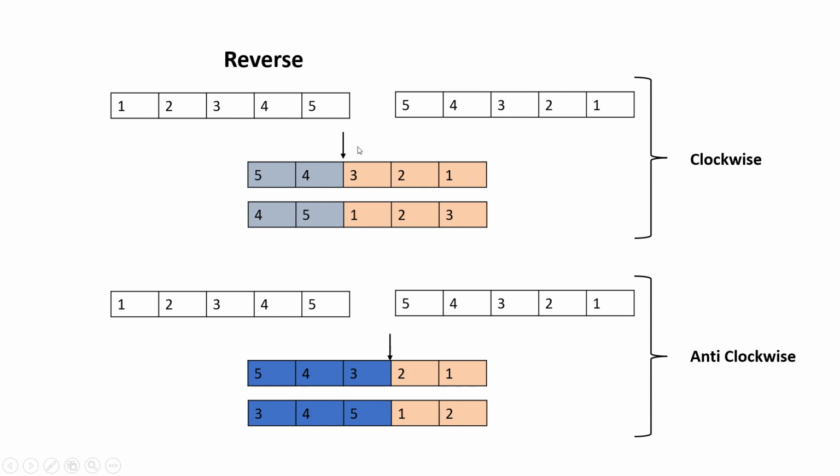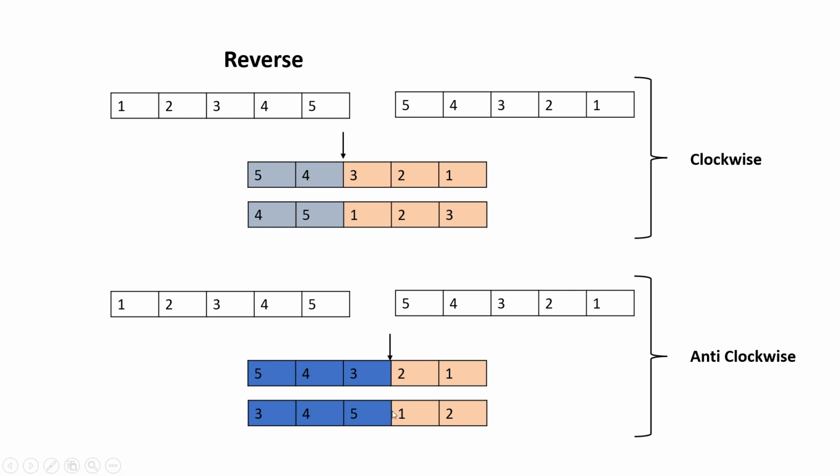If the count is 2, then from this index we'll divide the array into two parts, a left part and a right part. Then we independently reverse each part again using the same function we created. For anti-clockwise, we have to calculate the exact index where we divide the array into left and right, then independently reverse each part.